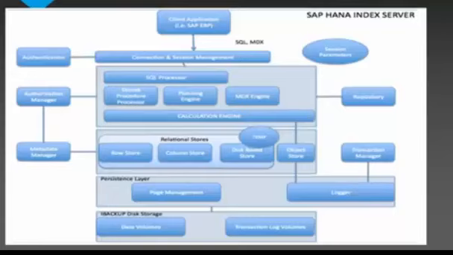Then we have the relational stores with us. See, SAP has further segmented the storage of in-memory data into compartments within memory for speedier access. Traditionally, all the database management systems are relational, and they store the data row-wise.